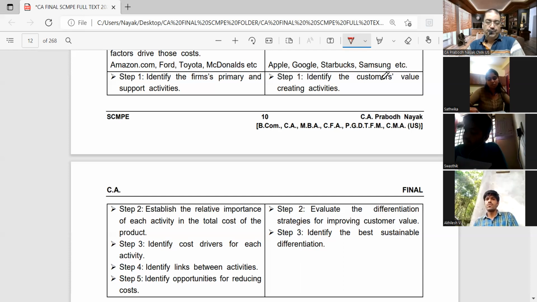Step number 2, evaluate different strategies for improving customer value.